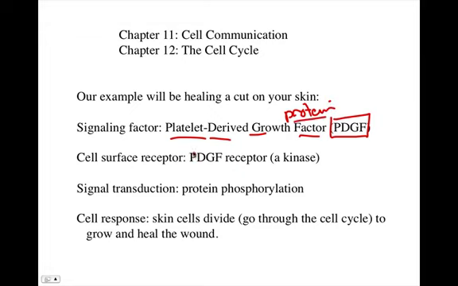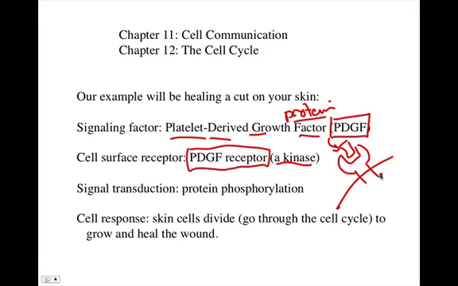And then the receptor is going to be called PDGF receptor, and it's going to be a certain kind of protein, so it's going to have a binding site for PDGF, and then inside the cell it's an enzyme. So this receptor has a binding site for PDGF, and then it also is an enzyme, and we'll see it's a certain kind of enzyme called a kinase.